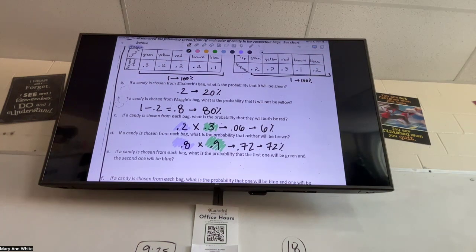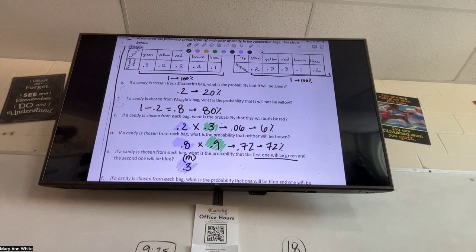Okay. All right, the next one says, if a candy is chosen from each bag, what's the probability that the first one will be green and the second one will be blue? Okay, we've always been going from Maggie to Elizabeth. So Maggie's our first one, Elizabeth is our second one. So what's the probability we're gonna get a green one from Maggie's bag? 30%, very good. So 30%, and that's coming from Maggie.